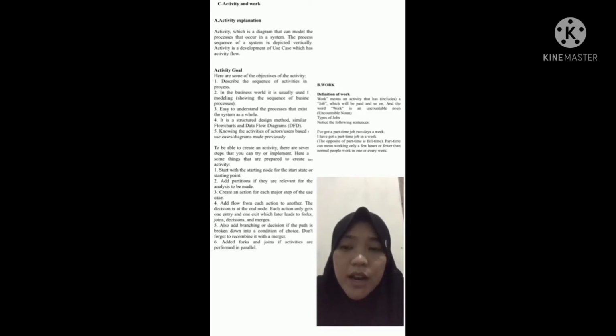Number four, it is a structured design method similar to flow chart and data flow diagram. Number five, knowing the activities of the actor or user previously to be able to create an activity.